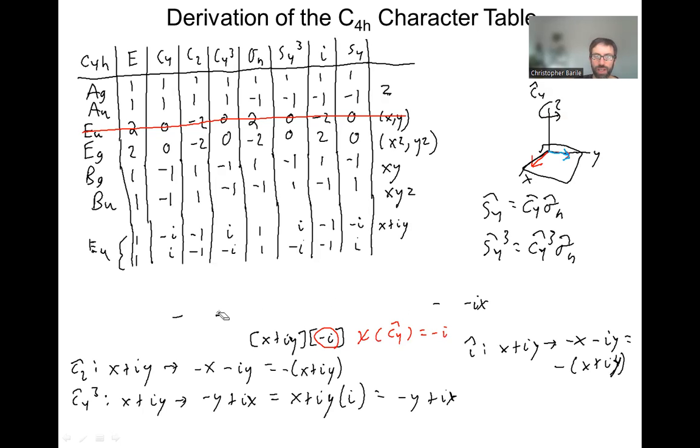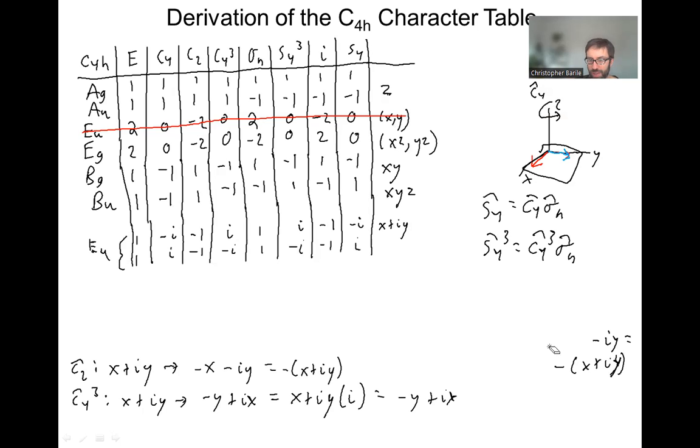So we're looking for something that was related to that function. And so we can do a similar thing for Eg. Eg, we know it transforms as xz and yz. Those transform together. So we can break that Eg up. And so we'll do that once I finish erasing this.